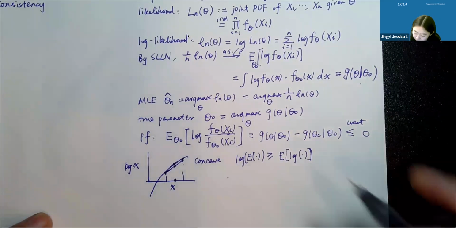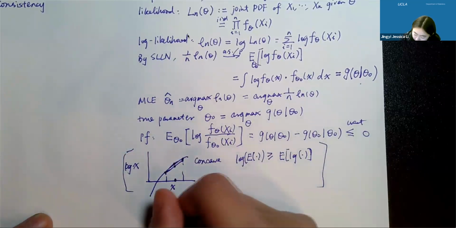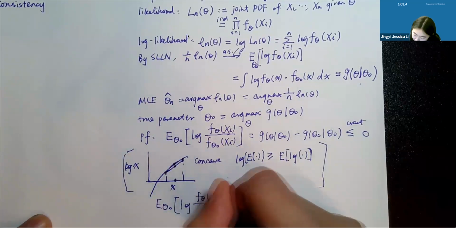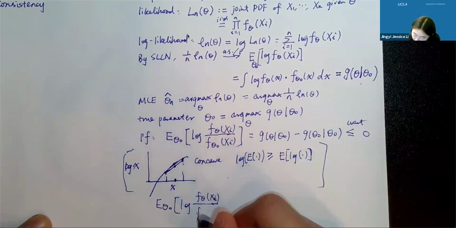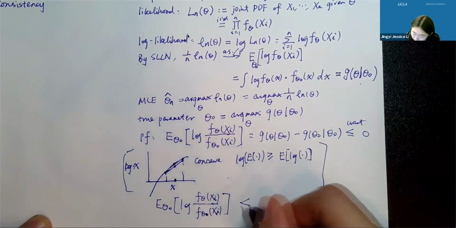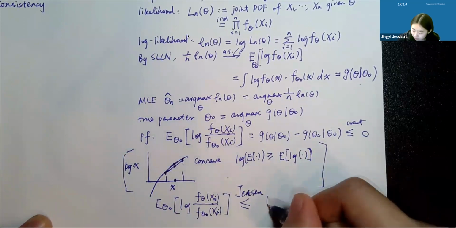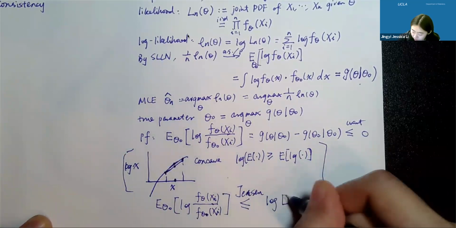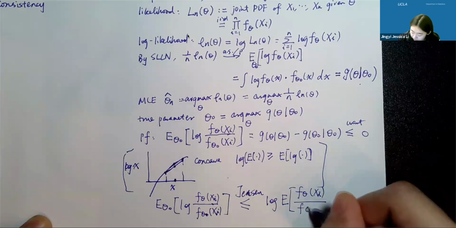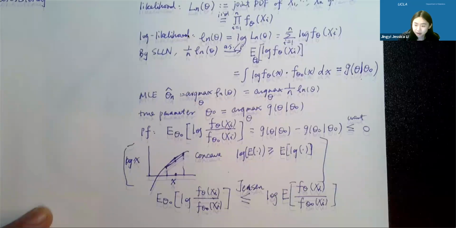What I can say using this result is that this expectation of log f theta xi over f theta 0 xi, by Jensen's inequality, would be less or equal than the log of the expectation of f theta xi over f theta 0 xi. Okay, now we have something nice to work with.